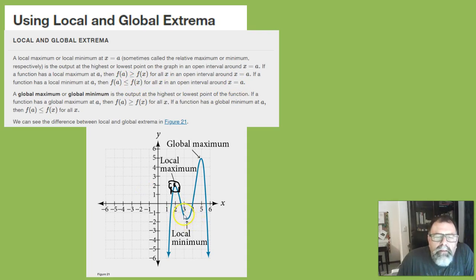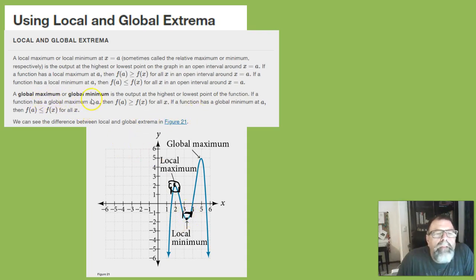So again, if I just look at a portion of the graph, say between 3 and 4, we can see that this value is going to be the smallest y value in that open interval between those 2 points.